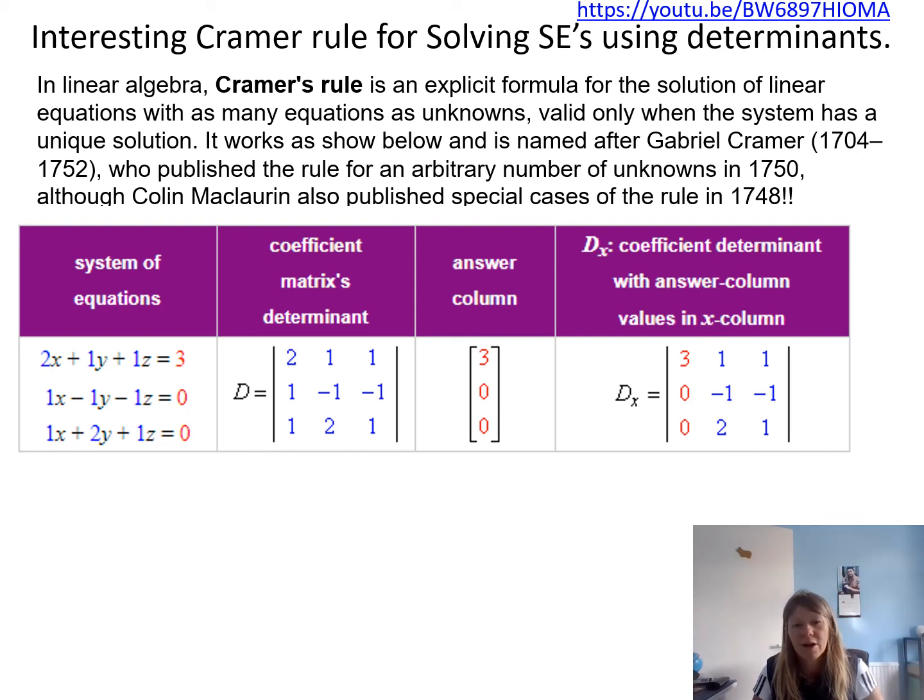It says what Cramer's rule does. In linear algebra, Cramer's rule is an explicit formula for the solution of linear equations with as many equations as unknowns, valid only when the system has a unique solution.